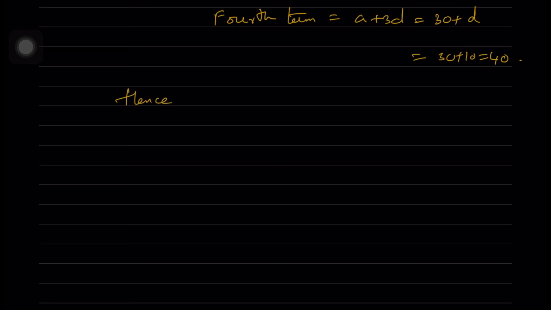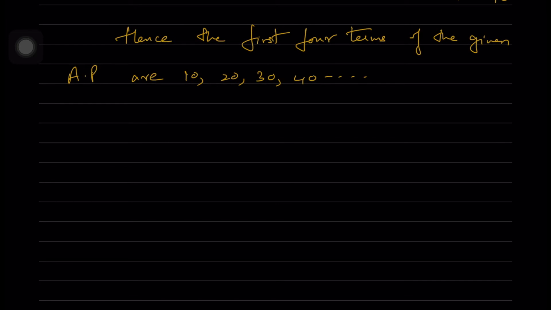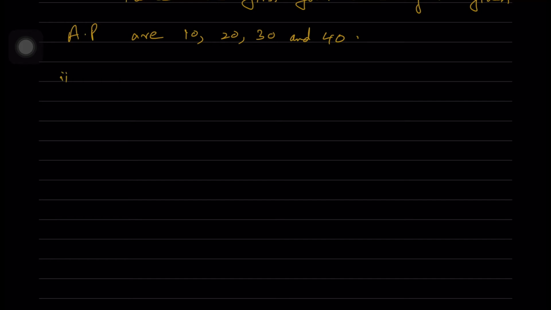So the first term is 10, the common difference d is also 10, and the first four terms of the AP are 10, 20, 30 and 40. Here we have to write only the first four terms.